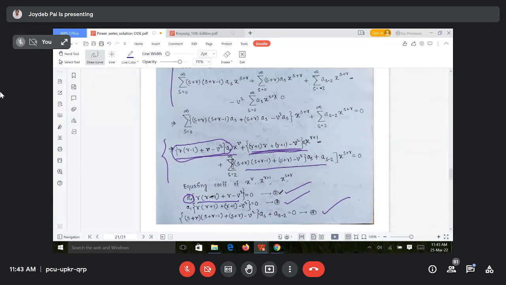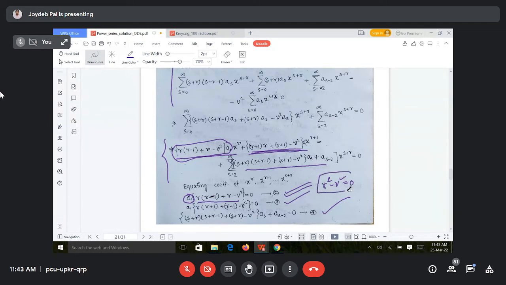So the first equation, that is the indicial equation, after simplifying, what is the form of the equation? r square minus nu square is equal to 0, isn't it? After simplifying equation number 2. Yes, sir.